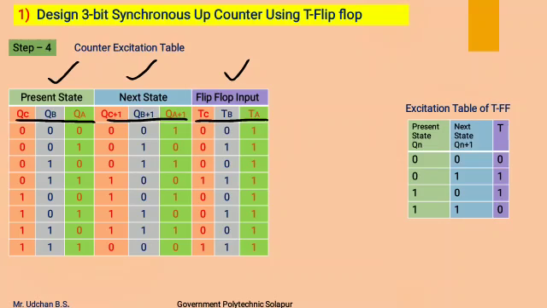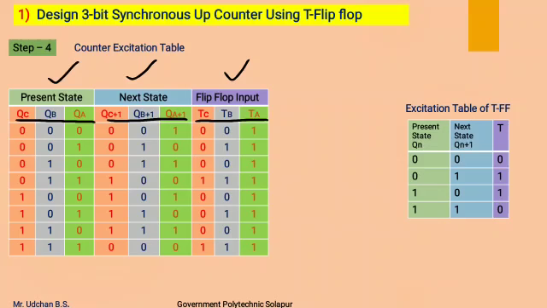Now here the present state has 3 variables QC, QB, QA, therefore their possible combinations will be 8. We already know these 8 possible combinations, that is 000, 001, 010, 011, 100, 101, 110, and 111.